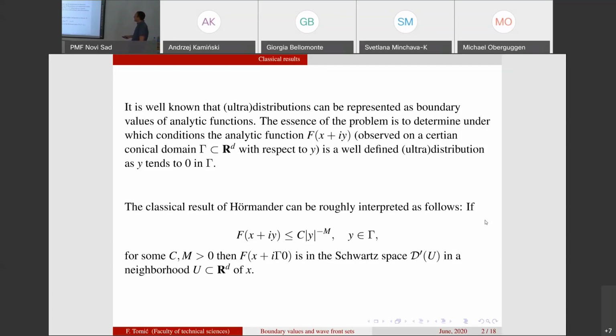We get a well-defined Schwartz distribution. This is, of course, singular at 0, but nevertheless we end up in this distributional space. So if we have this polynomial type of decay, then we are in the classical distribution theory.